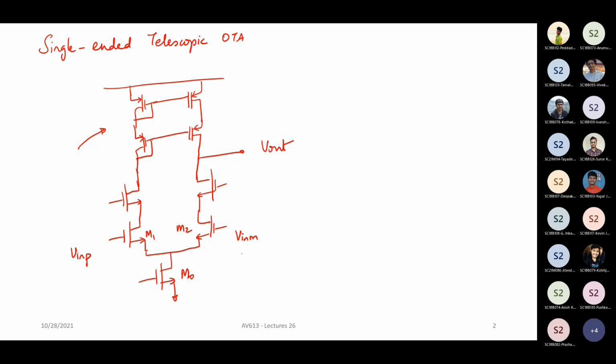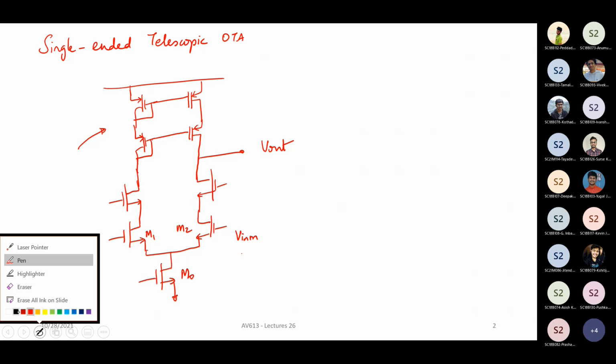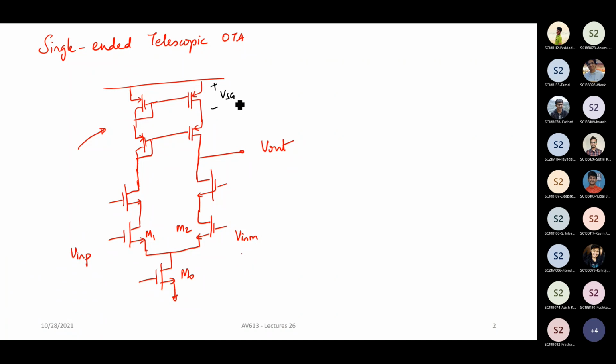Because this is going to fix your node to be VSG, and then you need to have a VSD sat here, and therefore, let me write it here, Vout max is VDD minus VSG minus VSD sat.